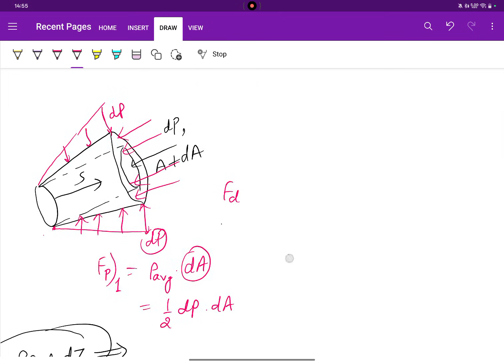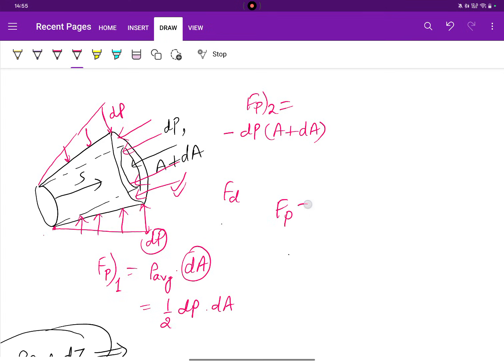And what would be pressure here? Change in pressure we are considering only. You'll take a while to be able to appreciate it. Believe me, I didn't get it either when I was going through it. So on the other side, dP is in the negative direction, minus dP, and here the area of cross section is A plus dA. So we can call it fp2.